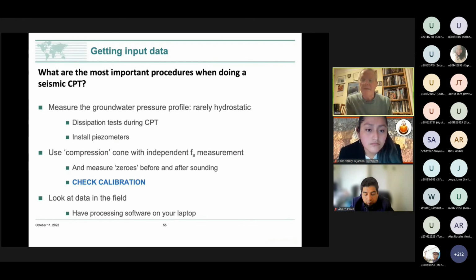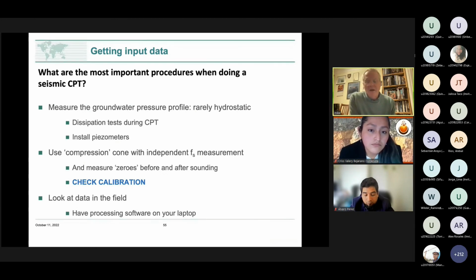So let's do another campaign of CPT testing. And we discovered tip resistance is half what we previously had. We then went back a couple of years later, and we matched the second round of testing. And we couldn't ever figure out what had gone on. My guess is somebody had input an incorrect code into the CPT.